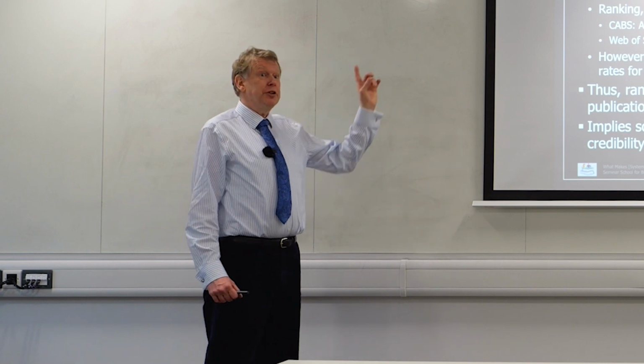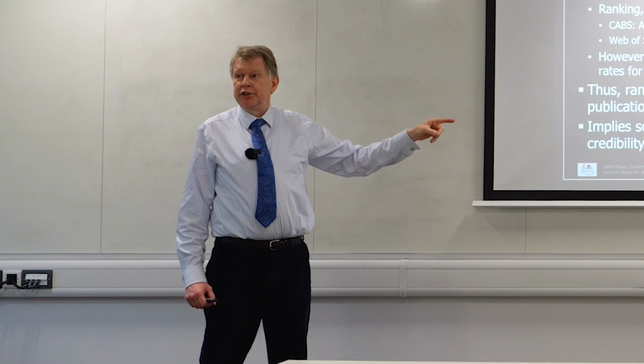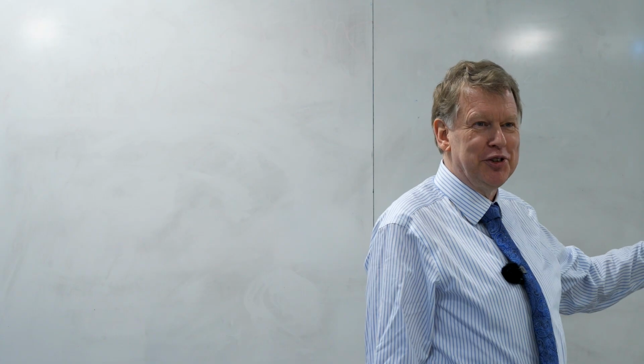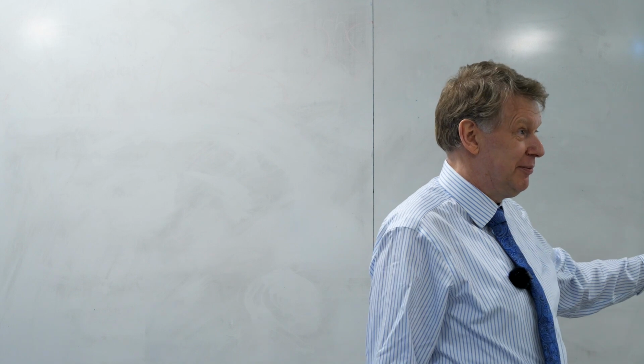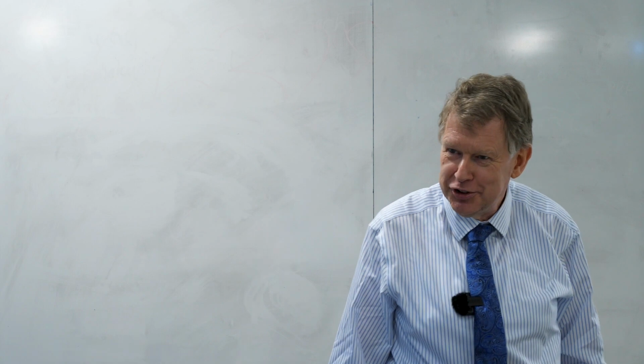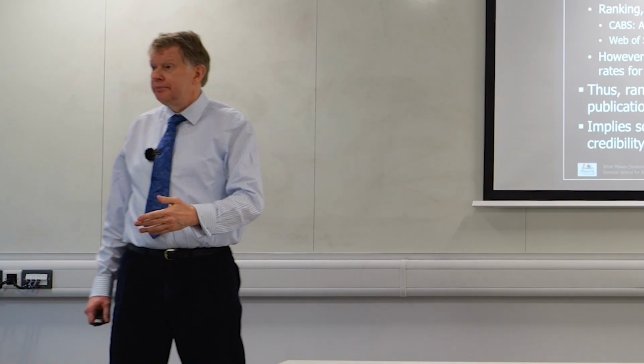So this turns the other way around, because that means that you cannot rely on rankings. So you have to rely on the credibility of the individual publication. But as I tell students when I'm teaching about these things, you cannot trust academics, including Chris and myself, because you have to scrutinize our work.